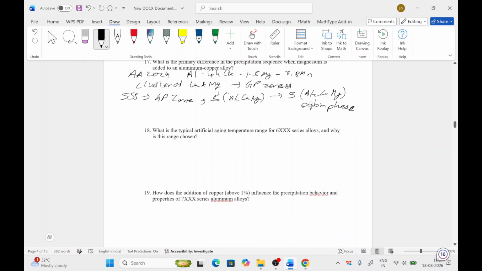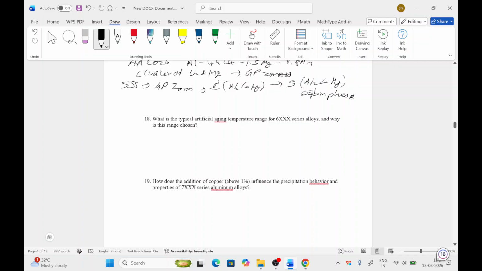Next question is, what is the typical artificial aging temperature range for 6000 series alloy, and why is this range chosen? So for the 6000 series alloy, aluminum, magnesium, silicon, the 170 to 220 Celsius temperature range is chosen.